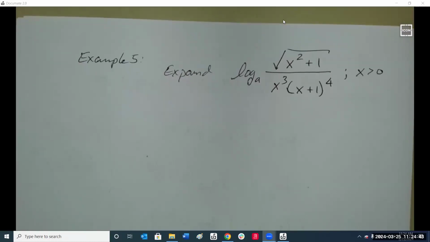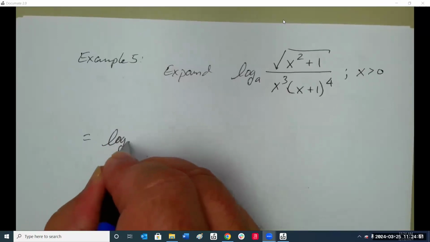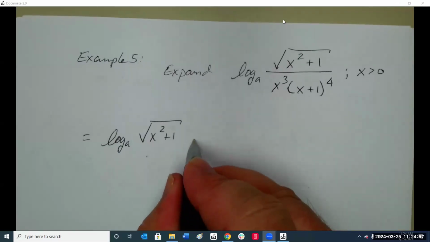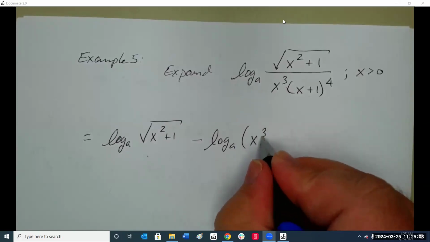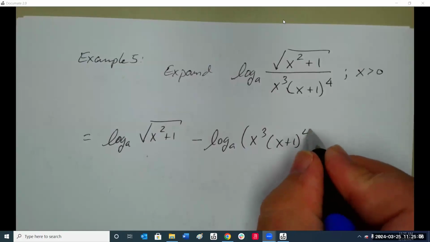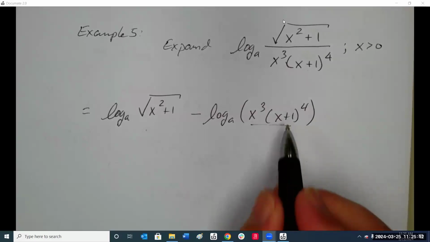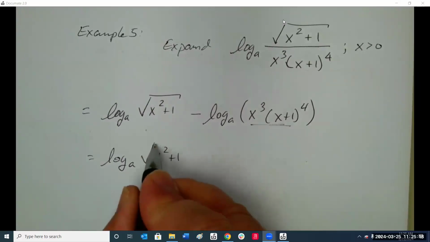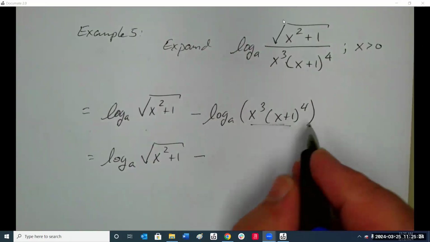I can tell you where you're messing up already. All right. On the top, we just have log base a of radical x squared plus 1. And these are on the bottom. This is a product, so we have to separate those.